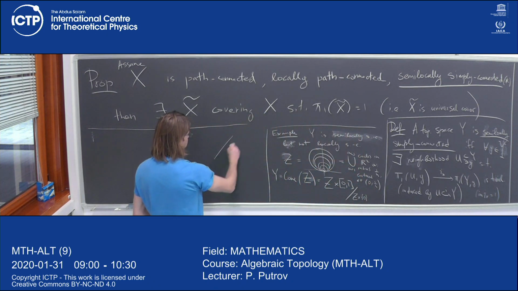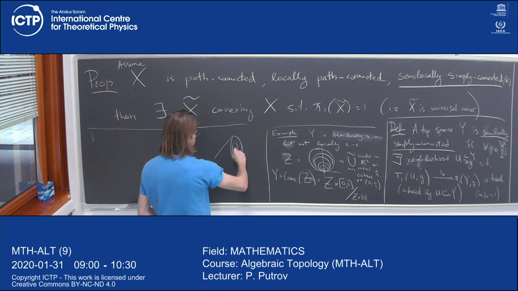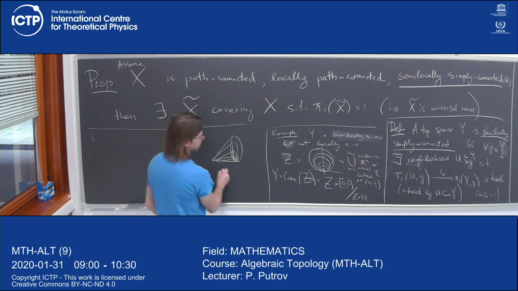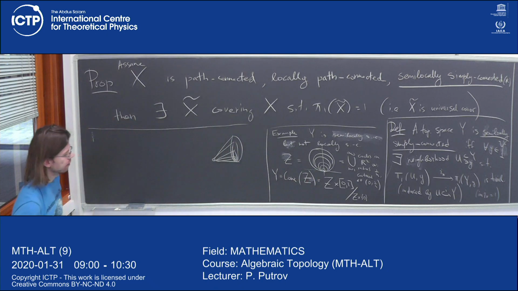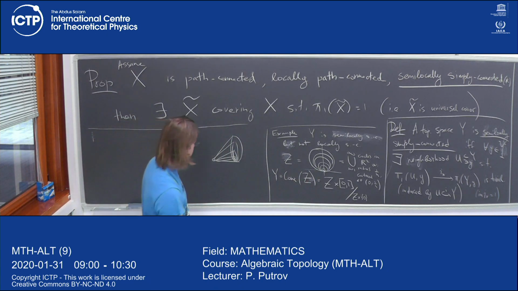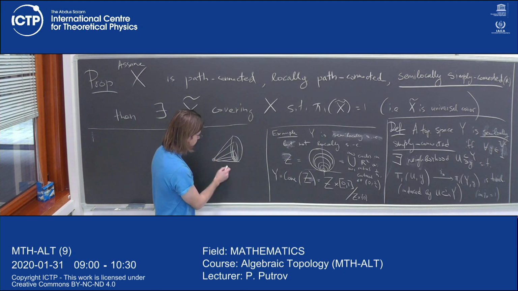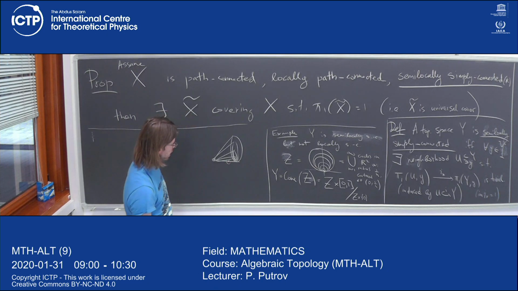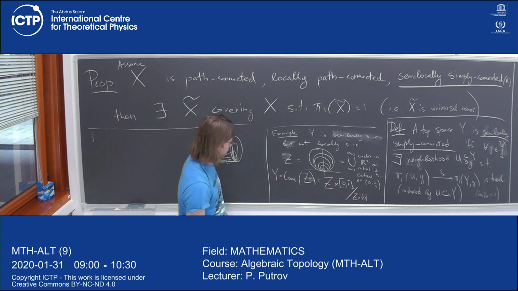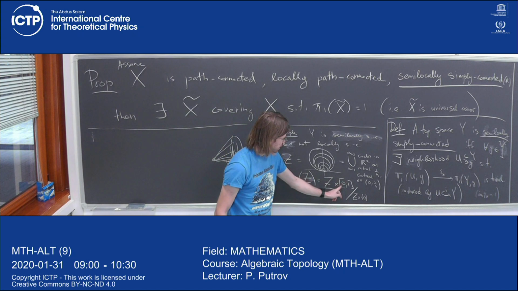So you can visualize something like this. You make a cone, which is essentially a union of cones over each subcircle. And you can see that if I take, for example, a point here, for any point here, the neighborhood will look like essentially some small interval.